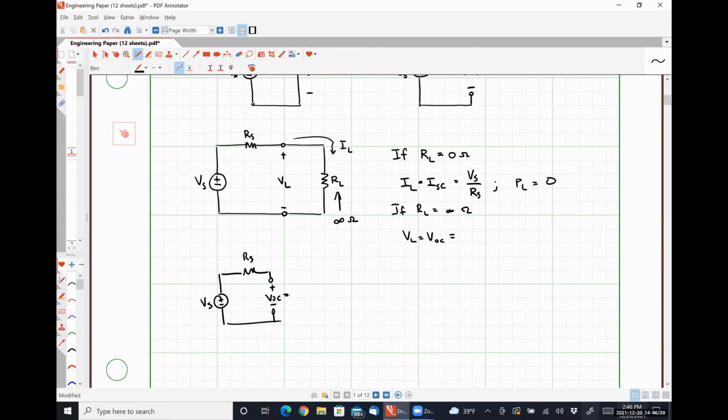It'll be VS because there's no current, right? If no current is flowing through that resistor RS, there is no voltage drop over the resistor RS. So simple application of Kirchhoff's voltage law should tell us that VOC is simply VS, right? Right, KVL around the loop, prove it.